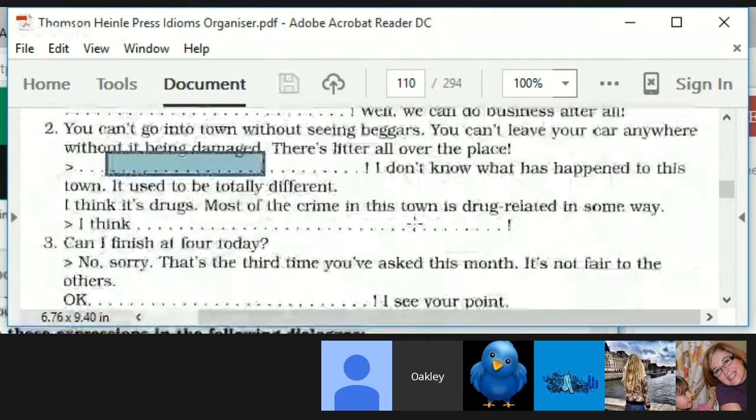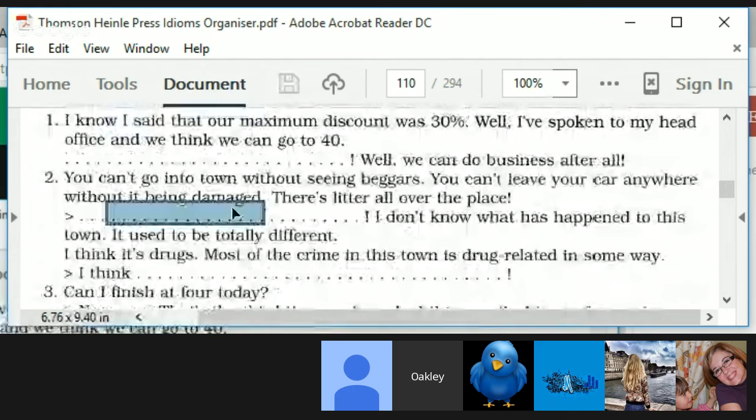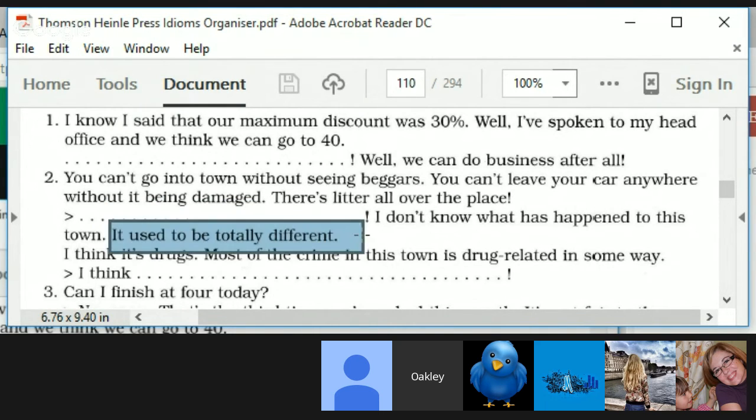As I said, those two are very close, pretty interchangeable. So he's agreeing. "You're telling me it used to be different." So he's showing that he has experience. He knows when it was different. He's got direct experience.